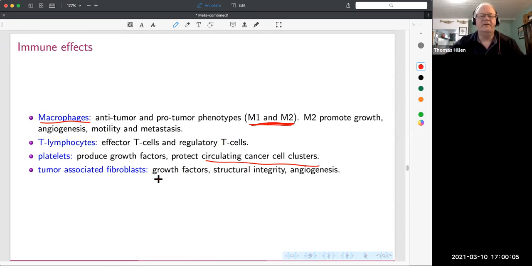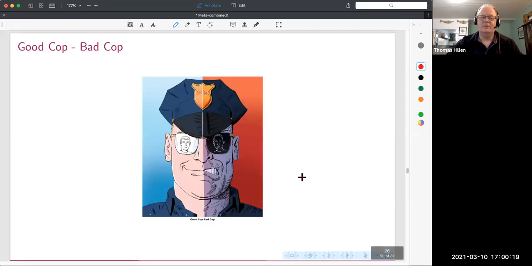And then tumor-associated fibroblasts release growth factors, help with structural integrity, and also induce angiogenesis, so blood supply to the cancer. So it seems like we are in a bad cop, good cop situation. The immune system is supposed to be good and help us fight the cancer, but then it can be compromised and work in favor of the cancer and against the body.